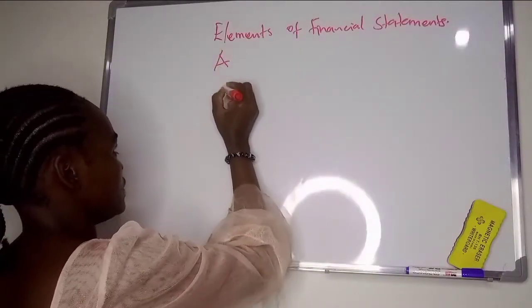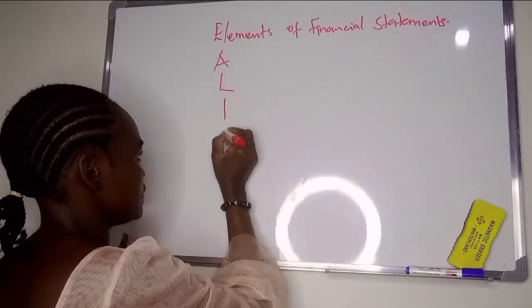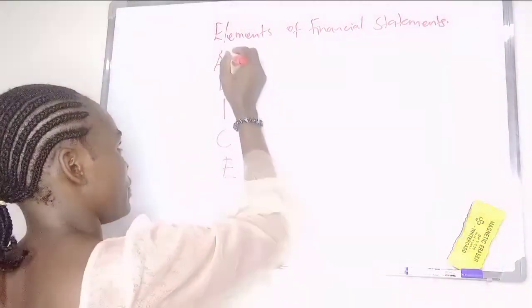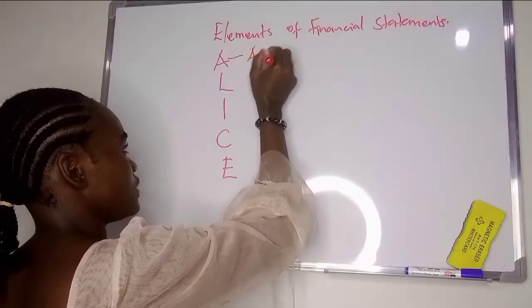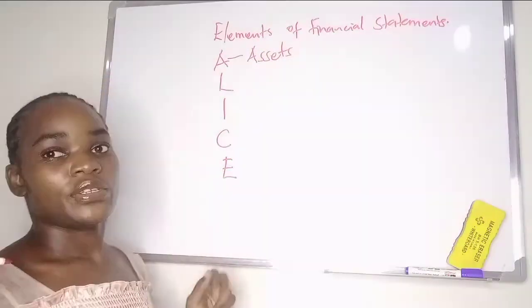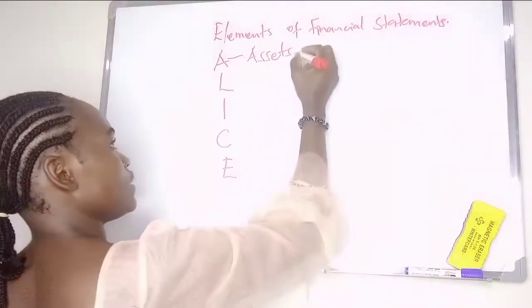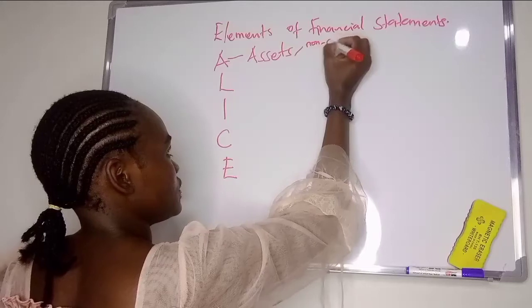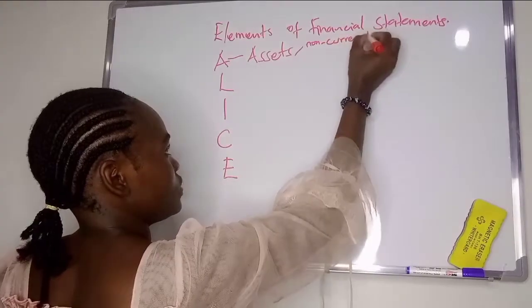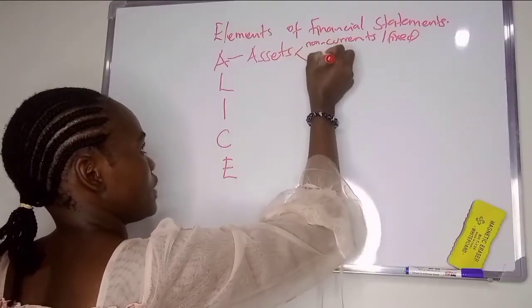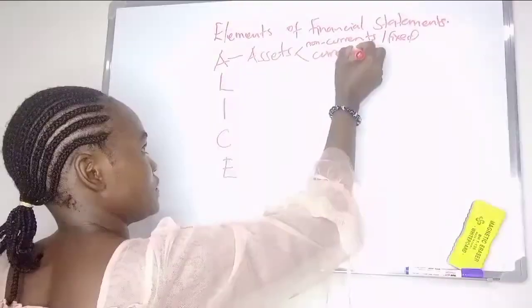The formula is ALICE, whereby A is for assets. Assets are divided into two. We have the non-current assets, also known as fixed assets. Then we have the current assets.